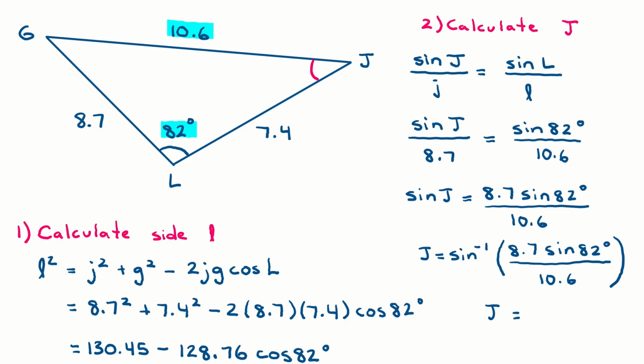And we get J equaling about 54.3. And we can go ahead and put that into our triangle as well.